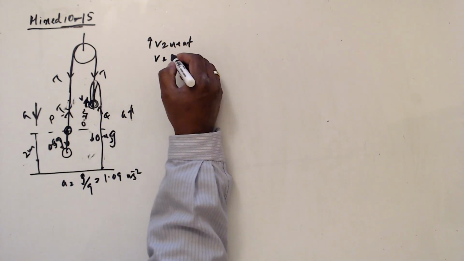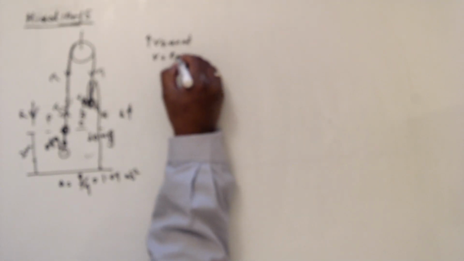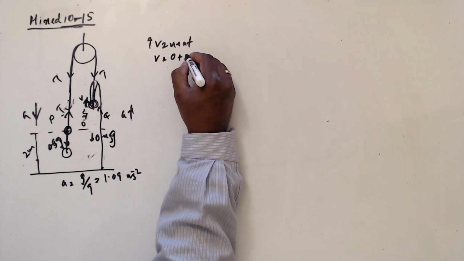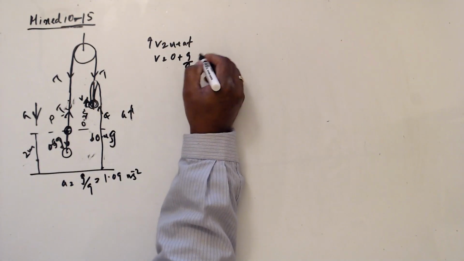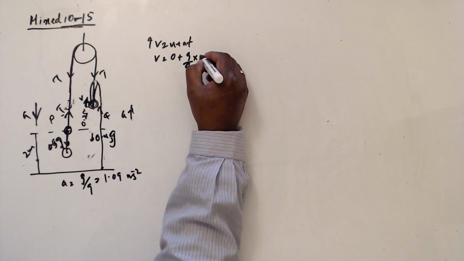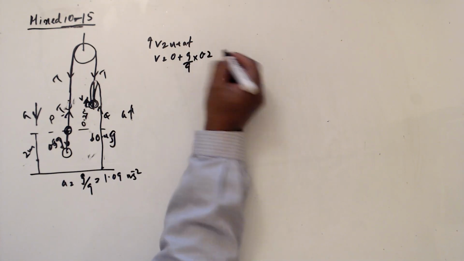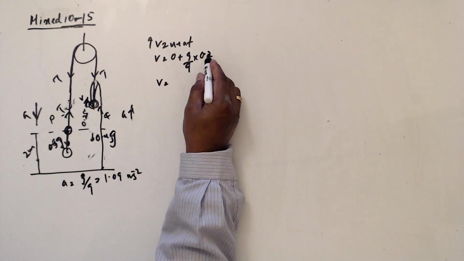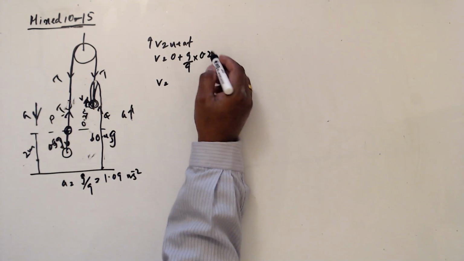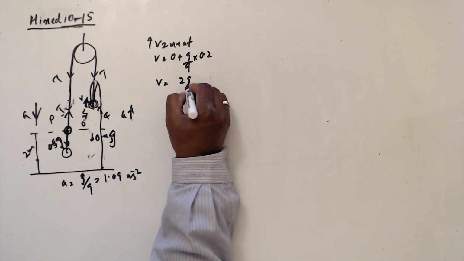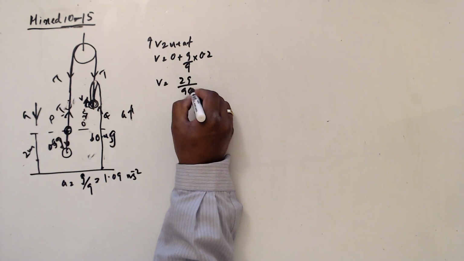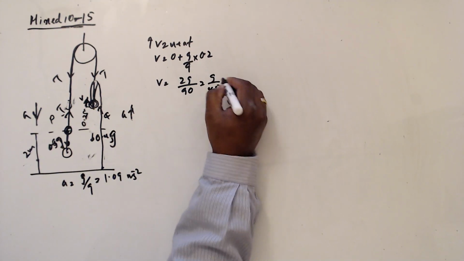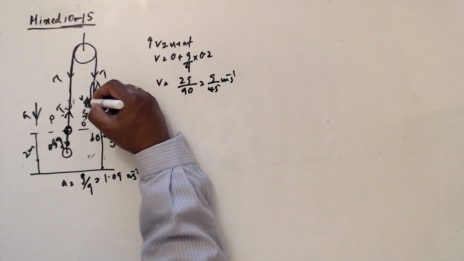Starting from rest, the acceleration in this direction is g over 9, and t is 0.2. So v equals 0.2g over 9, so 2g over 90, or g over 45 m/s.